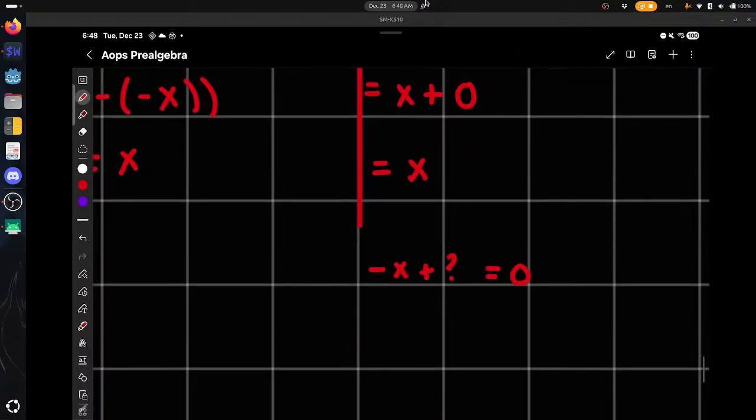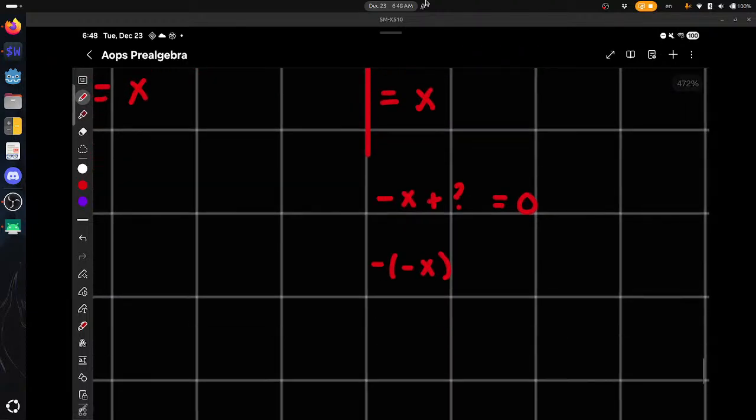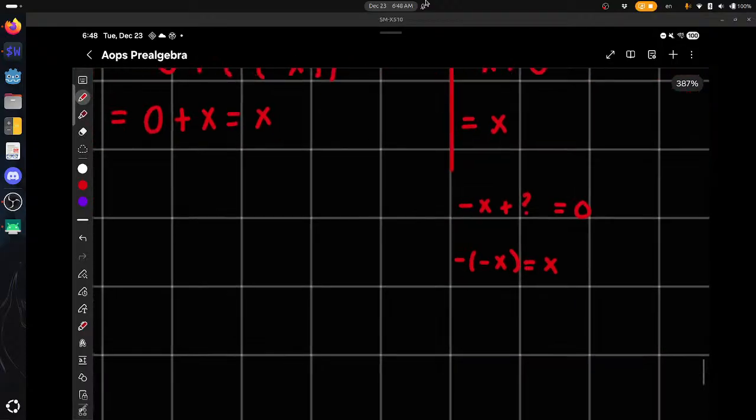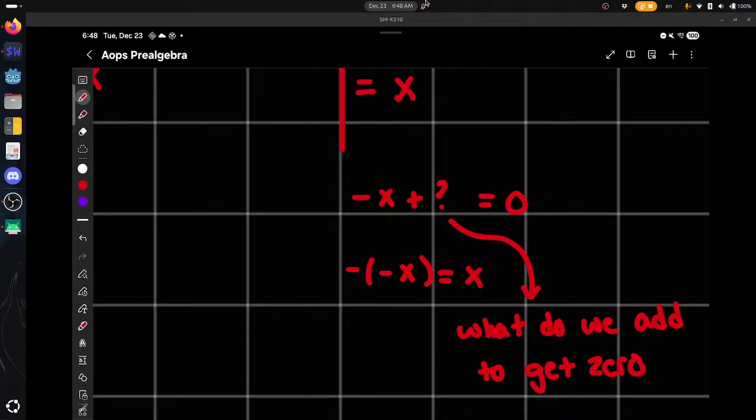Well, we just add its additive inverse, and we will get 0. But this could also just be x, to get 0. So that's our first proof.